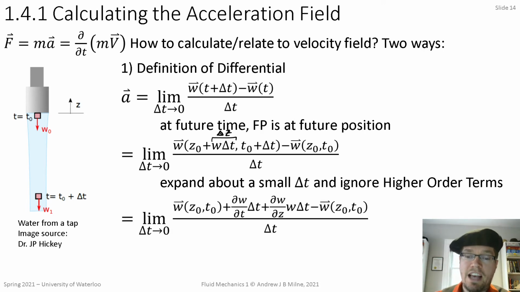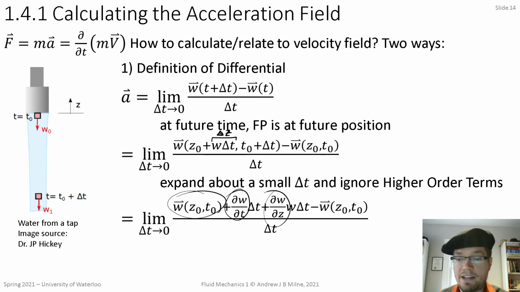The velocity at a reference plus a small differential is the function at that reference plus the partial with respect to t times delta t plus the partial with respect to z times delta z.